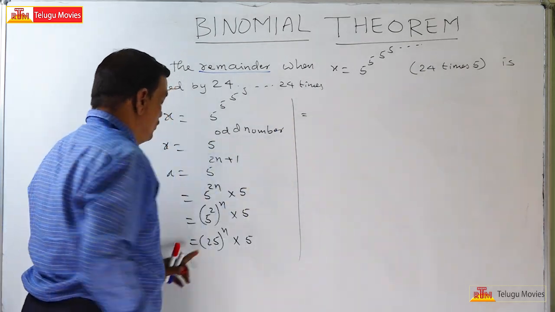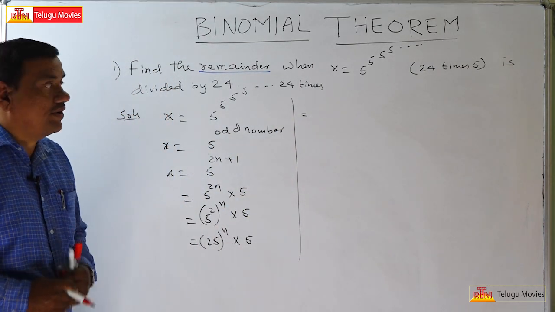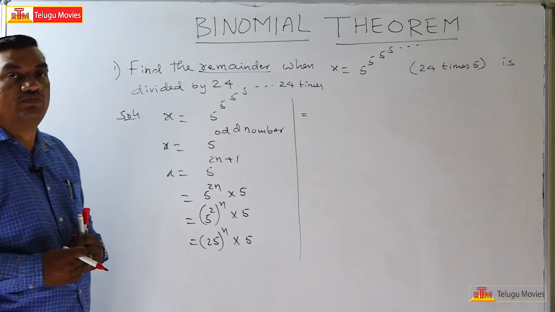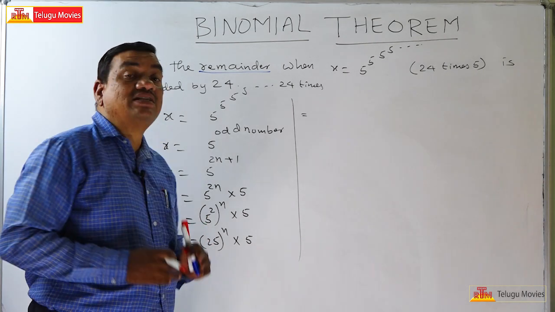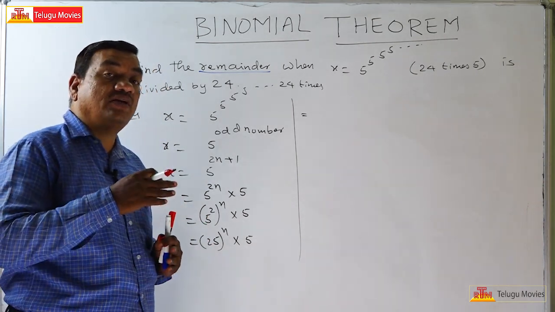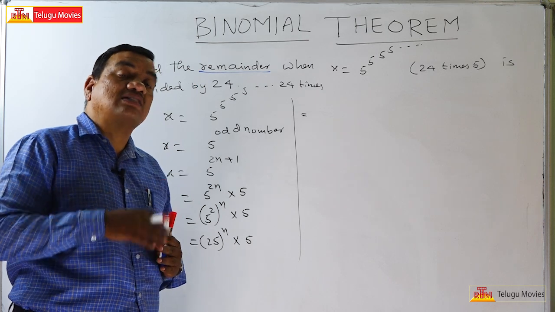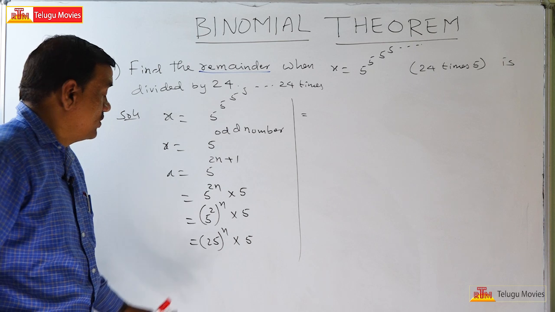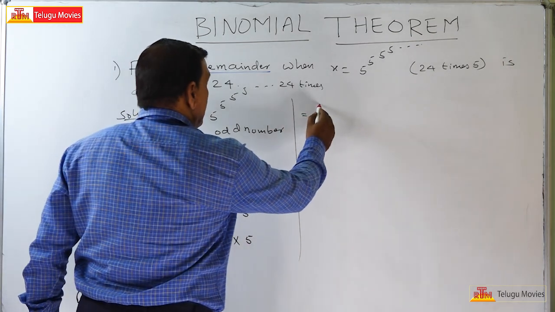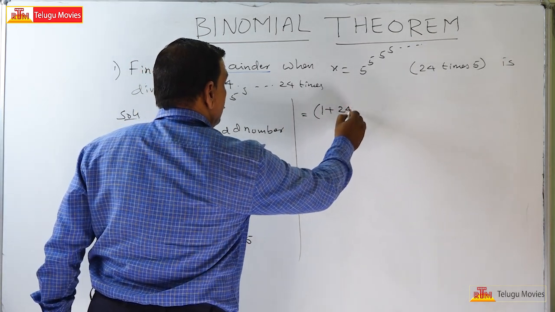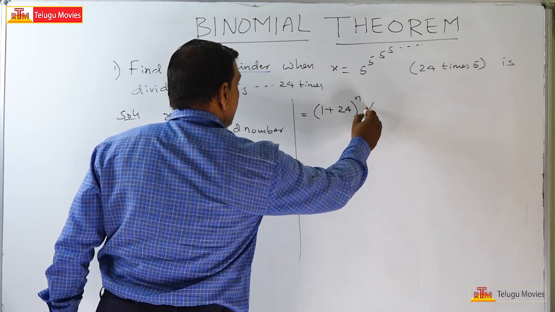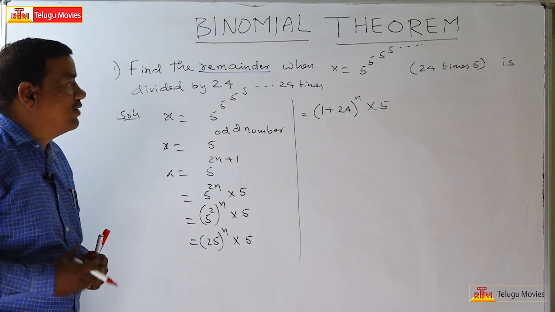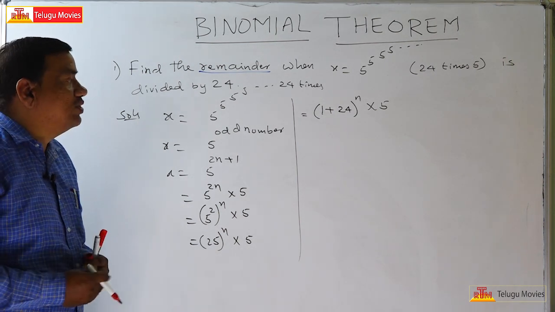Already I told you, divided by 24 means you have to express this 25 as 1 plus 24, something plus 24. That is easy. Clearly 25 can be expressed as 1 plus 24, whole to the power of n, into 5.